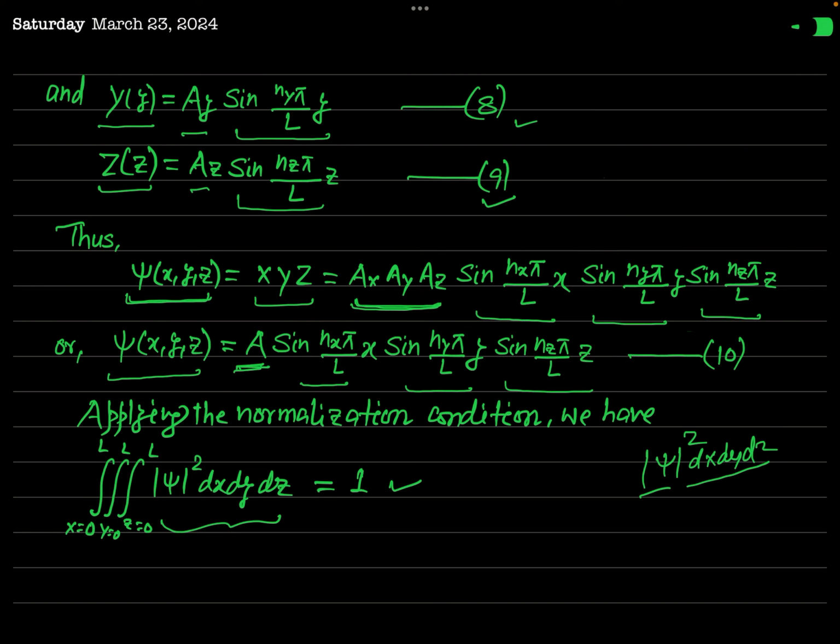Here, x varies from 0 to L, y also varies from 0 to L, and z also varies from 0 to L. So the limits of the three integrals are 0 to L. Now, what is the value of psi? You can see psi is real, not complex. So its square will be simply A squared and the squares of all these sines.